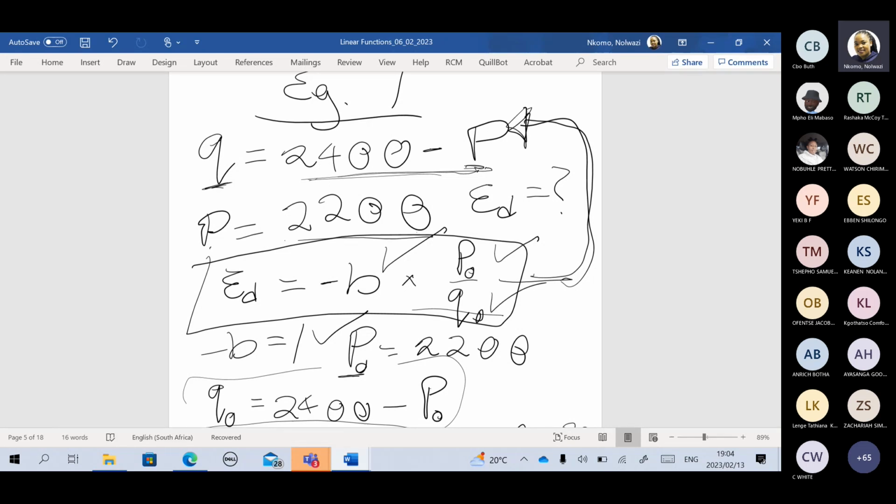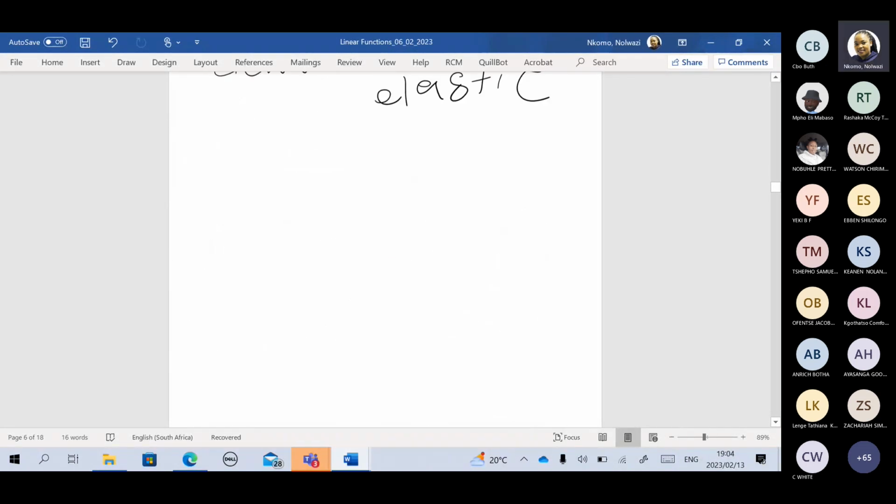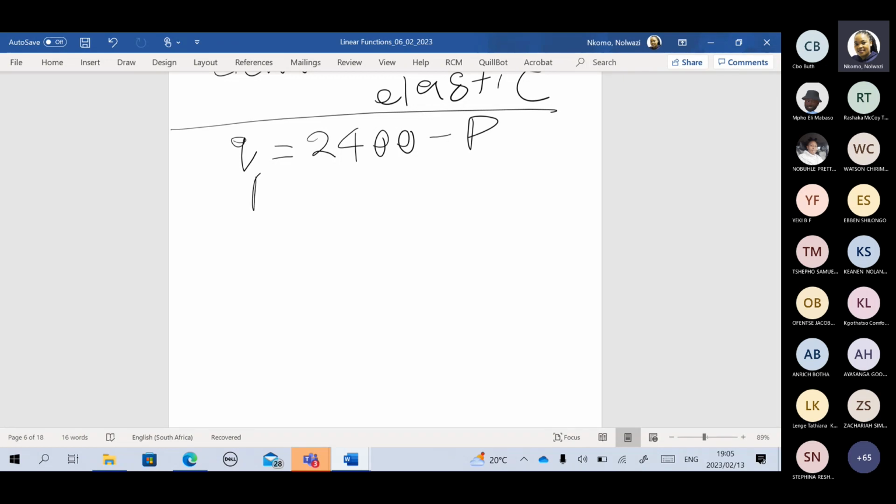And again, we are asked to find the elasticity of demand. We have the function Q is equal to 2,400 minus P, and we are asked to find the elasticity of demand if price is equal to 1,000, right?